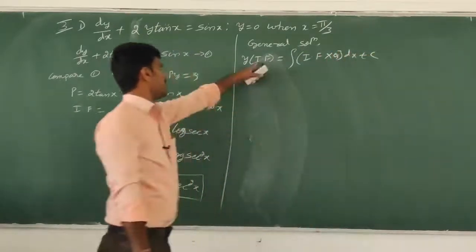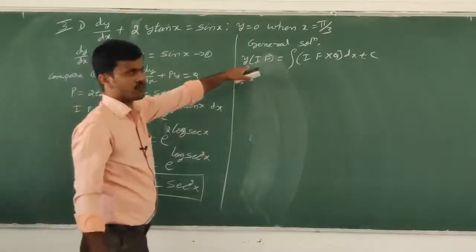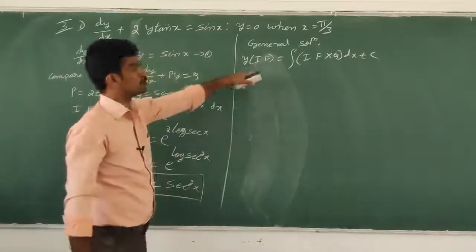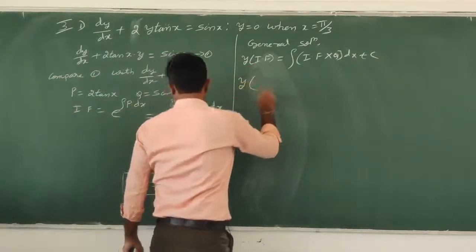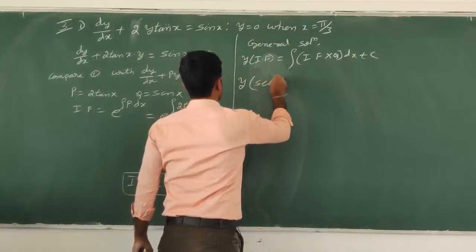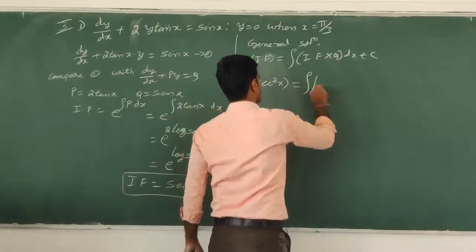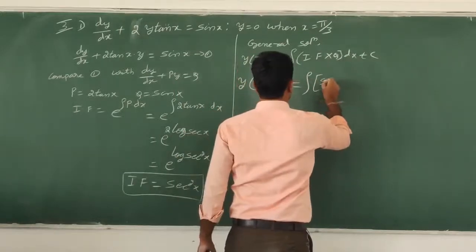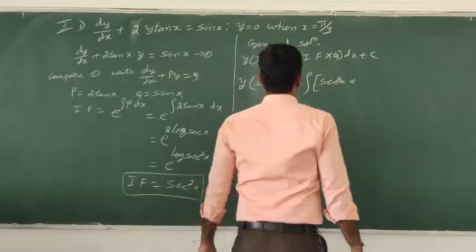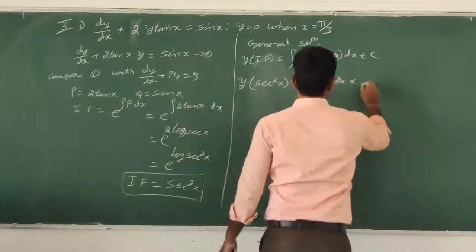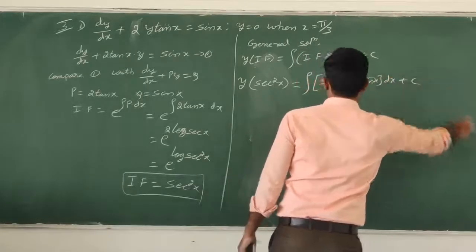Already we know the value of the integrating factor and the value of q. Just substitute those values in this equation. Then we have y into secant square x is equal to integration of secant square x into q, which is sin x, whole dx plus c.